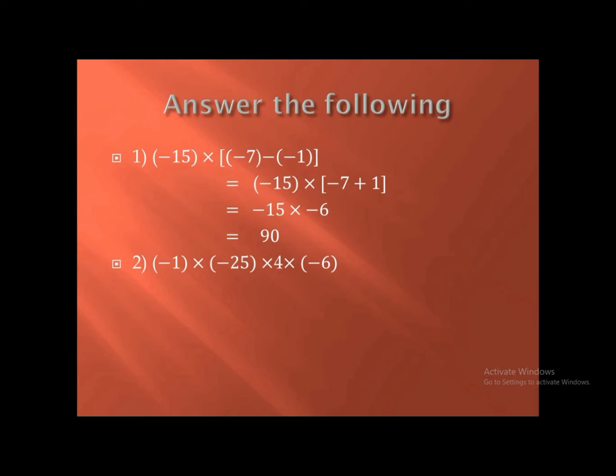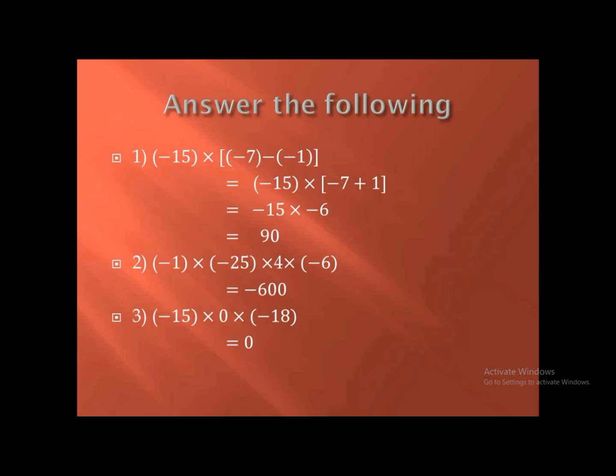And 25 into 4 is 100. 100 into 6 is 600. So the answer is minus 600. Question number 3, minus 15 into 0 into minus 18. In this product there is a 0. We know that if we multiply a number by 0, we get the product as 0. So the answer is 0.